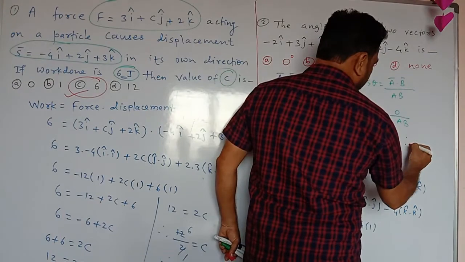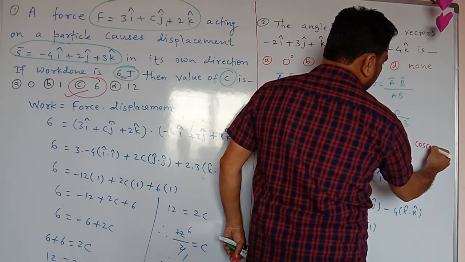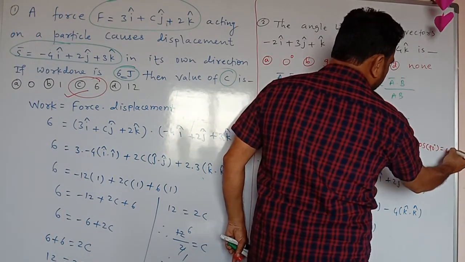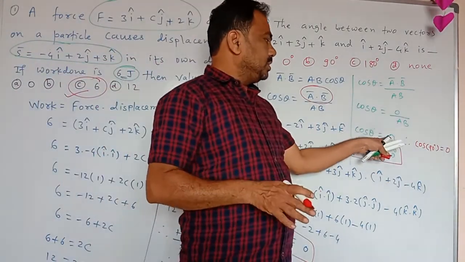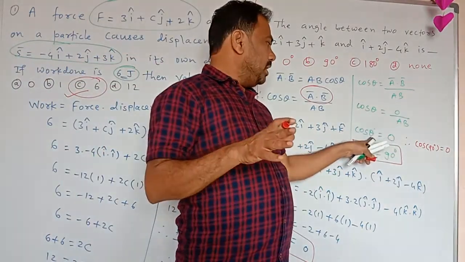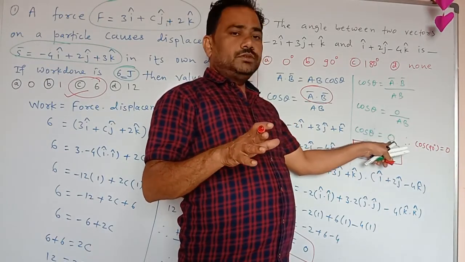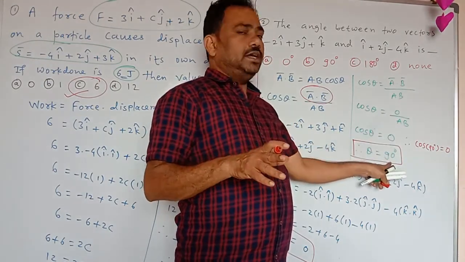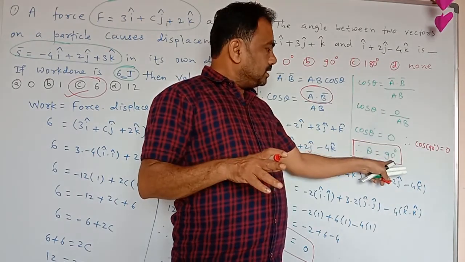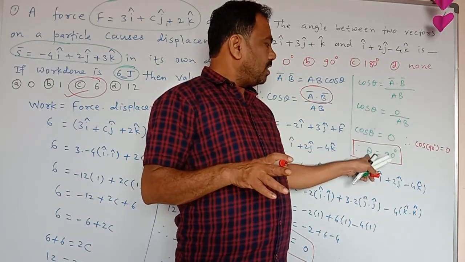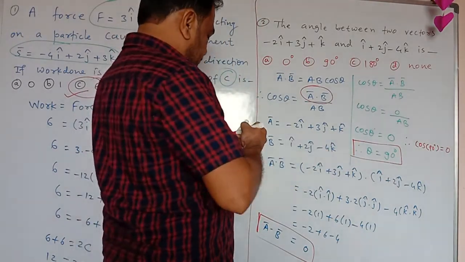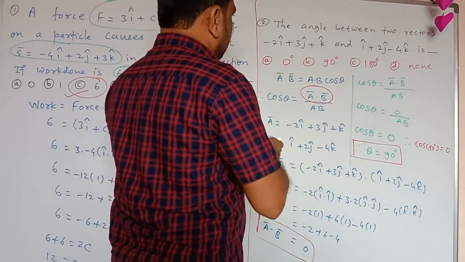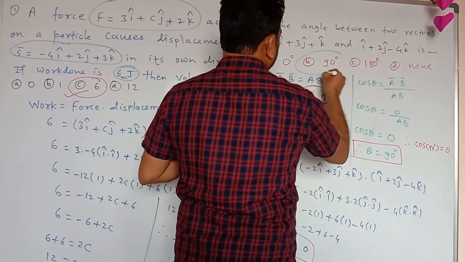So here we should write cos 90 is always equal to 0. Our answer is cos theta is equal to 0, but at which angle is cos theta equal to 0? When the angle is 90 degree. So when the angle is 90 degree, then definitely cos 90 is equal to 0. So in this way our correct option is the second option, that is 90 degree.